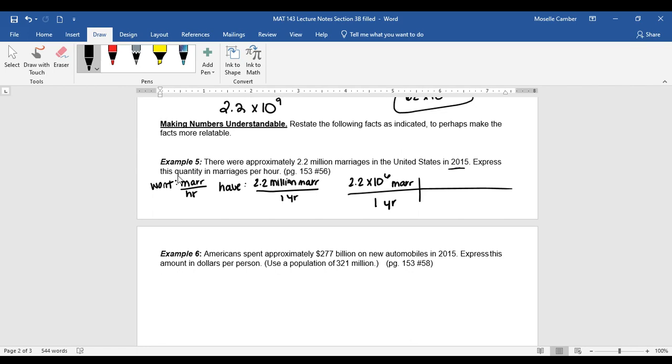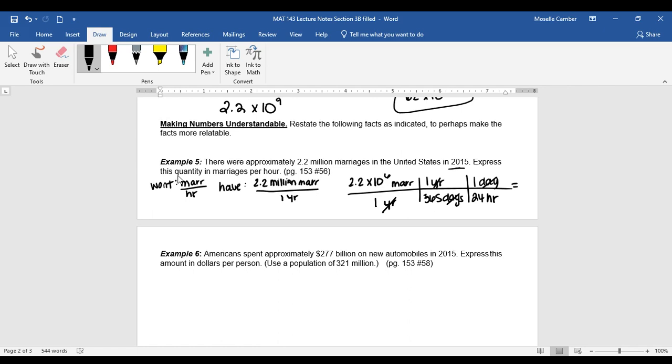We know that 1 year is 365 days. So years cancel. Now I have to get rid of days. I know 1 day is 24 hours. So days cancel. Now I'm left with marriages per hour. So I do my multiplication: 2.2 times 10 to the 6th, and then I'm going to divide by 365 and 24.